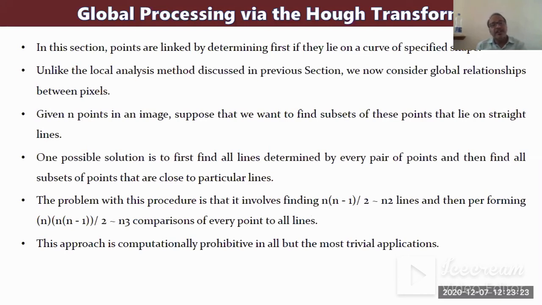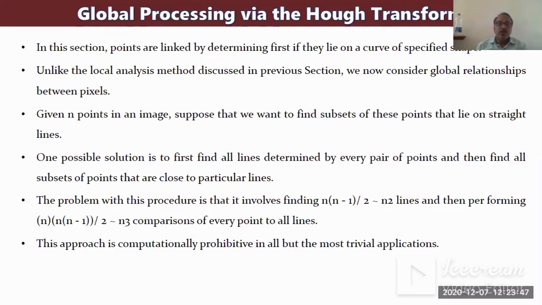So in this section, points are linked by first determining whether they lie on a curve or on a specific edge. आता इथे आपण काय केले की पहिल्यांदा आपण चेक करणार आहे की ग्लोबल प्रोसेसिंग मध्ये we have to check whether the particular points are available on the edge or not. If the particular pixels are available on the edge, then according to some criteria, we can link them.